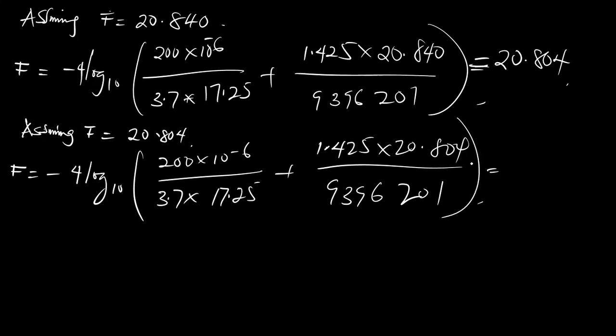So now let's recalculate again. Minus 4 log, now minus 4 times log bracket open 200 times 10 raised to power minus 6 divided by 3.7 divided by 17.25 plus 1.425.